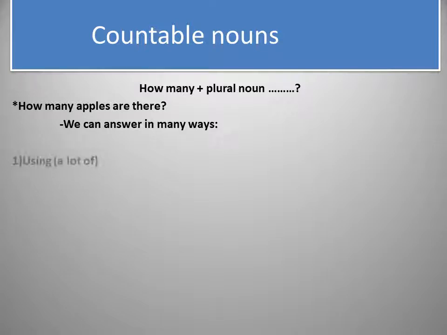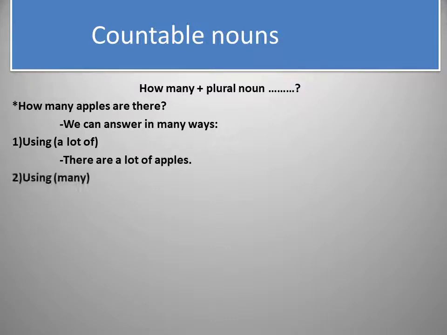The first one, we can use a lot of. We can say there are a lot of apples. Number 2, we can use also many.